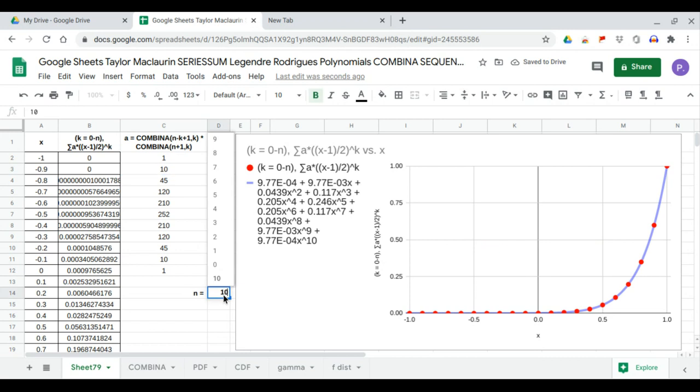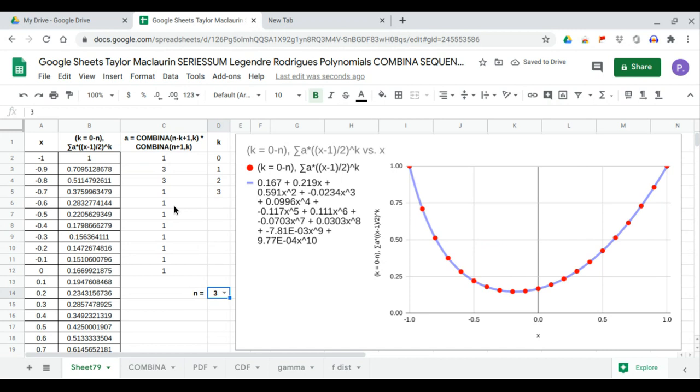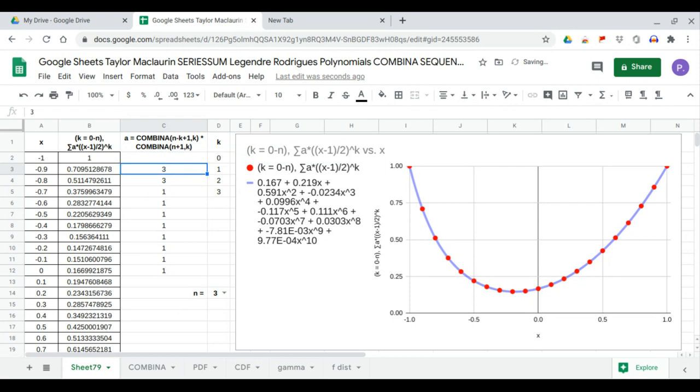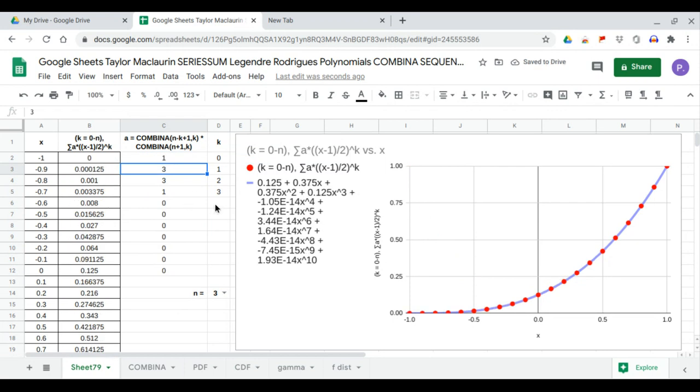So if I choose 3, this should be 0, because this is empty, this should be 0. So we will correct this. So if k is empty, then 0, otherwise COMBINA. Now it's corrected. Because this is empty, this should be 0.